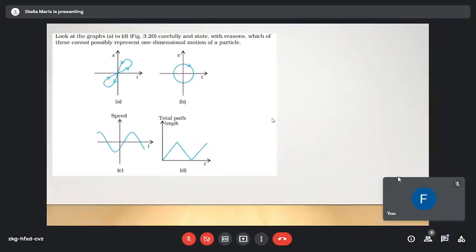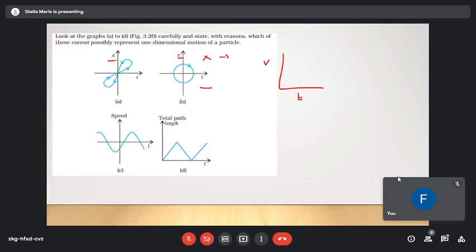Okay. And this is also not one dimension. Reasons? It is traveling in a circle, sir. Actually, see, it is a velocity time graph. It's not a position time graph. It is a v-t graph. So the x-axis represents the time and the y-axis represents the velocity.